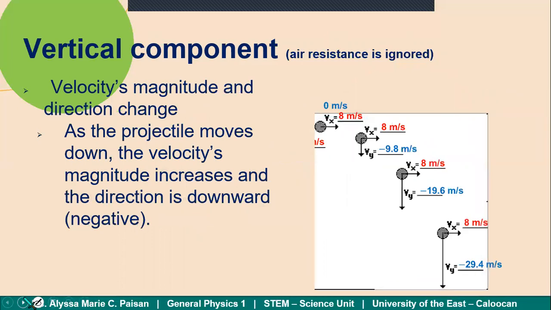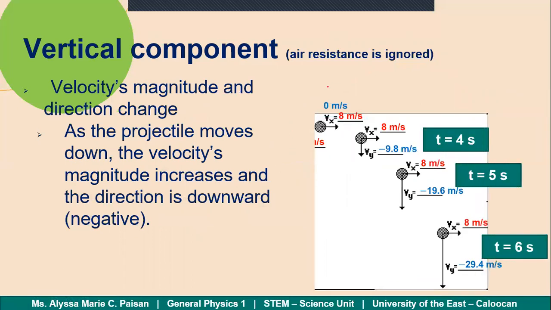That's why for here, ayan, as time goes by from the topmost part towards the bottom, you will see that the velocity's magnitude increases from 0 to 9.8, 9.8 to 19.6, and then 19.6 to 29.4. But the direction is downward. Ayan, negative na siya. Okay?